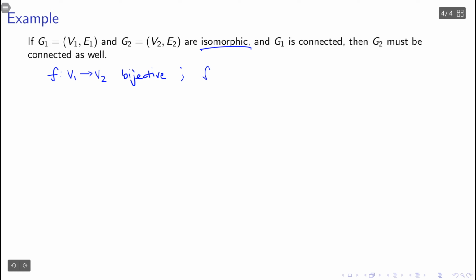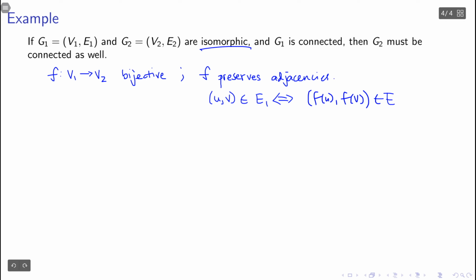Furthermore, f preserves adjacencies. What that means for us is if the edge uv is in the edge set of G1, then f of u and f of v are in the edge set of G2. And the implication works both ways. It's an equivalence.